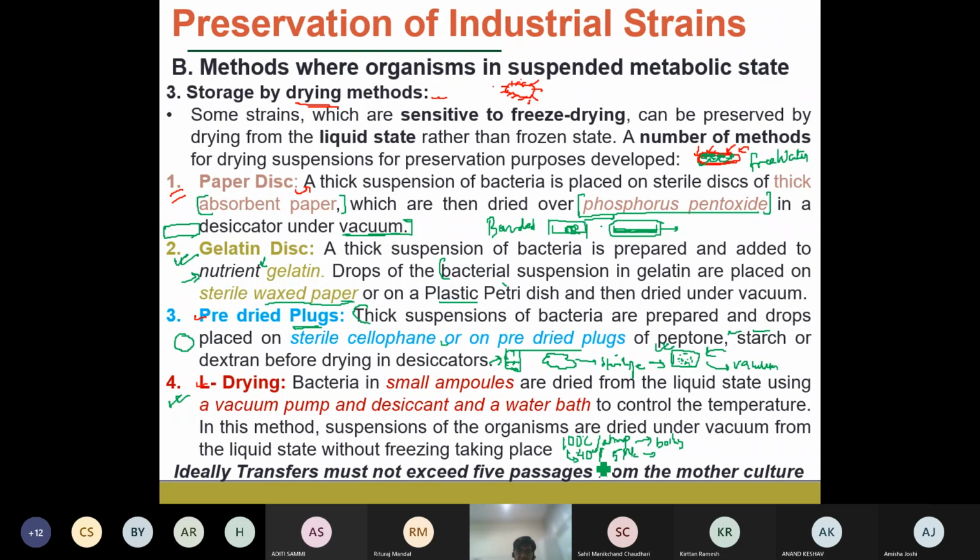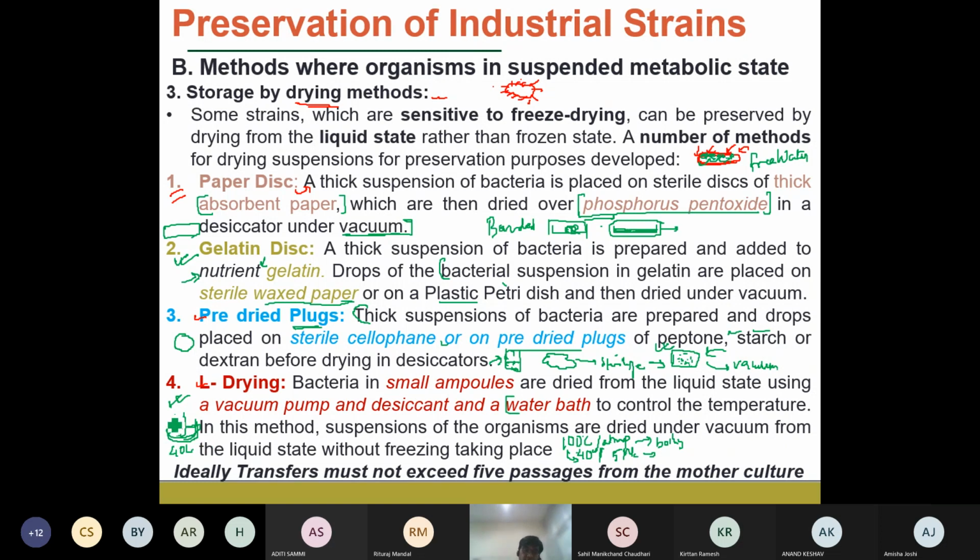So what we do is, generally we take the growth media components, say a thick suspension of this bacterial culture, and we put it into a water bath. Generally it is something like this, where we have the suspension, and then we place it onto the water bath, which is at a higher temperature, suppose 37 or 40 degrees Celsius, high enough that it doesn't kill the cell.